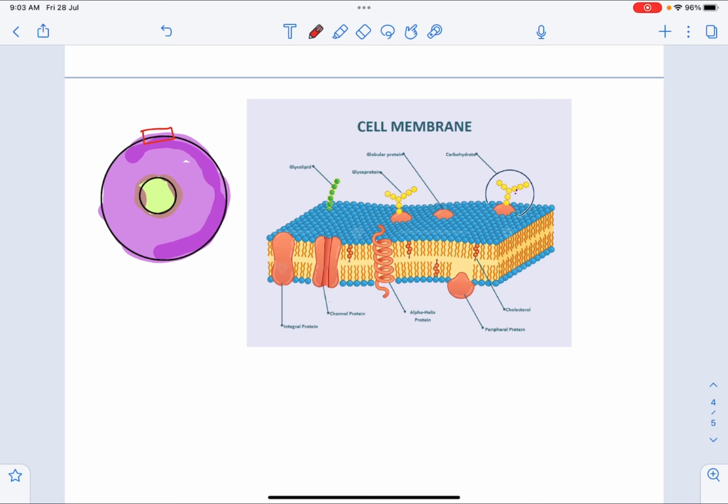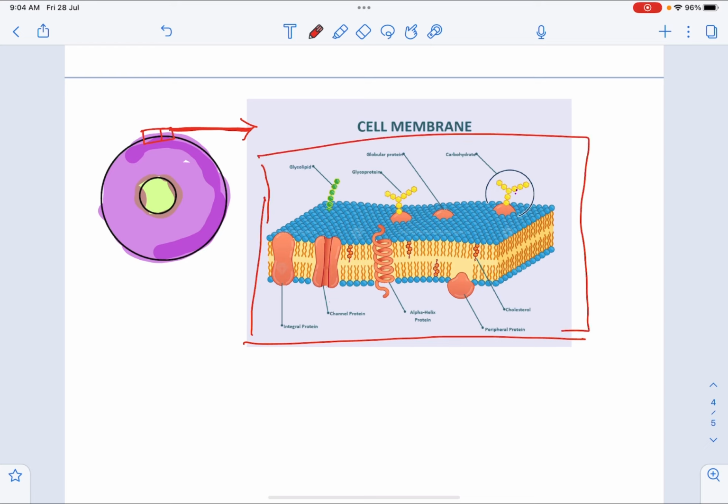It is mainly composed of lipids and proteins. So, if you see it, the structure will be like this, made up of lipids and proteins. This structure is called the fluid mosaic model.